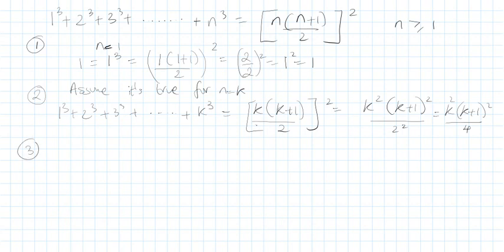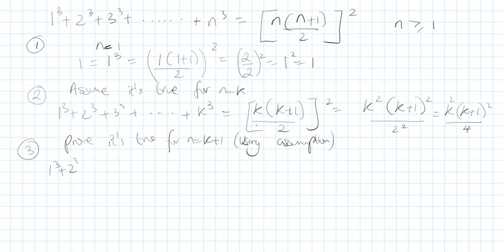Then the third stage is that we need to prove it's true for n equal to k plus 1, and we need to prove it using the assumption. So how do we work it out? What would happen if n is k plus 1? I'll rewrite the expression, replacing n by k plus 1, so you get k plus 1 to the power of 3.